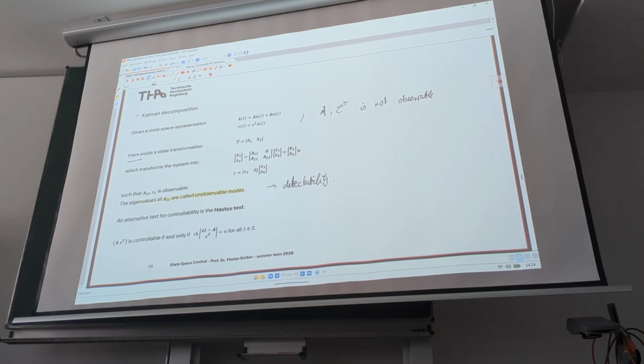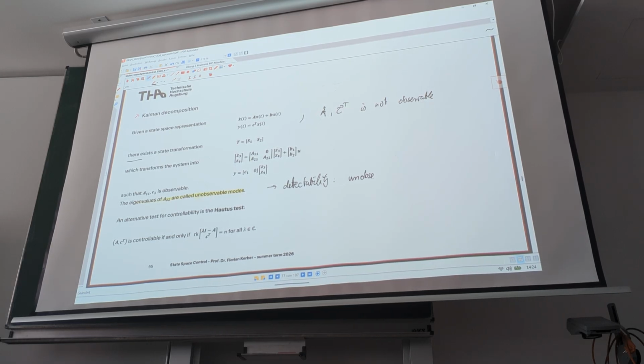So detectability would mean the unobservable modes are asymptotically stable. So I can reconstruct all the unstable modes if necessary, at least, and then see if the system goes wrong.